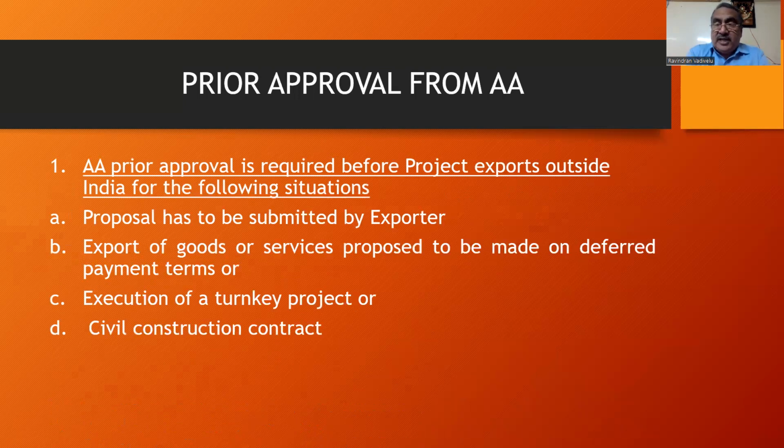So anyone who wants to export services or projects outside India has to get the prior approval of the approving authority. The proposal has to be prepared by the exporter. The exporter who is doing the export of services or projects has to prepare the proposal and submit it to the AA, that is, the approving authority.